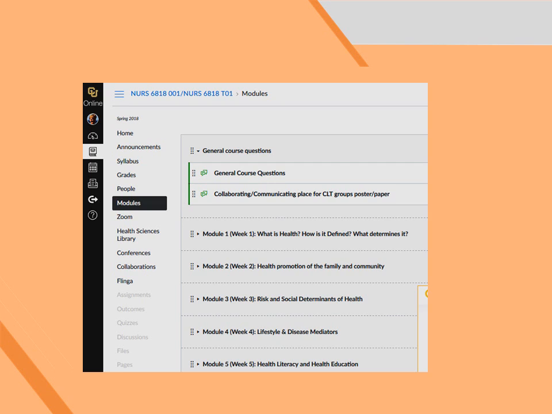It's where you can share resources. It allows you to upload documents to each other. So this is called the Collaborated Communicating Place for your CLT groups, posters, and paper. So you can share things back and forth to each other here, and hopefully this will work for you. If it doesn't, please let me know.